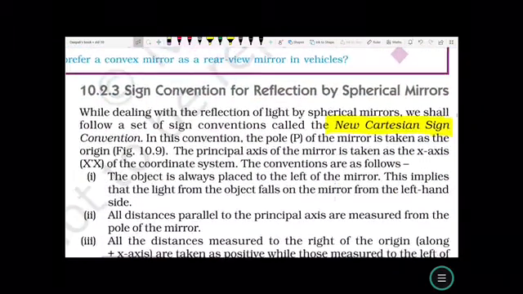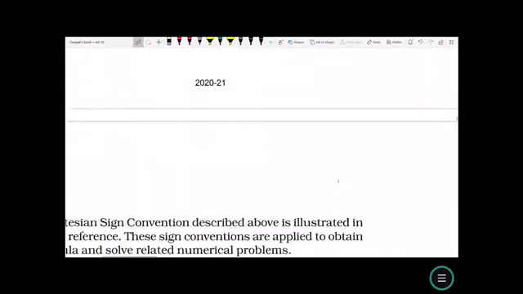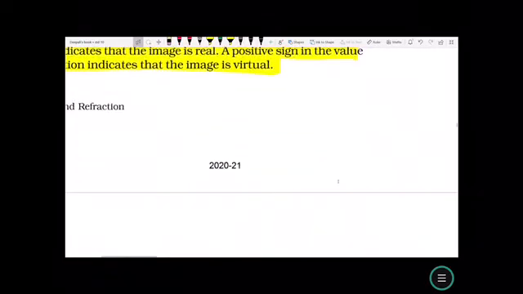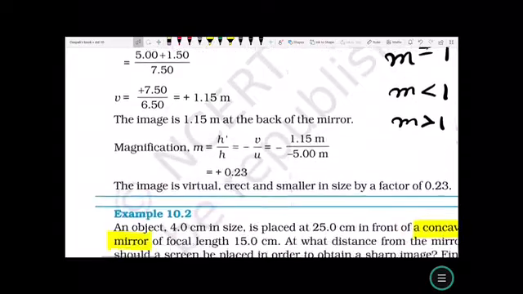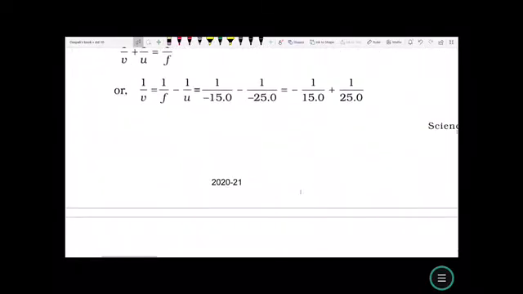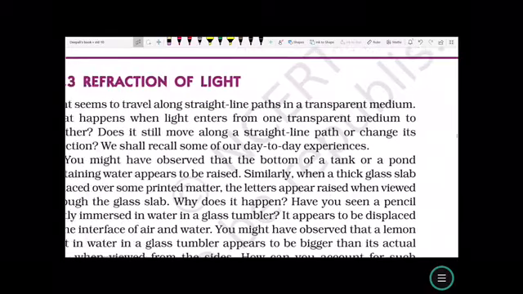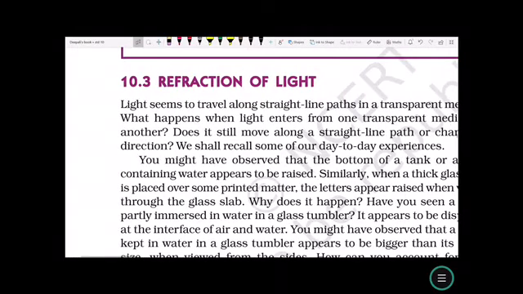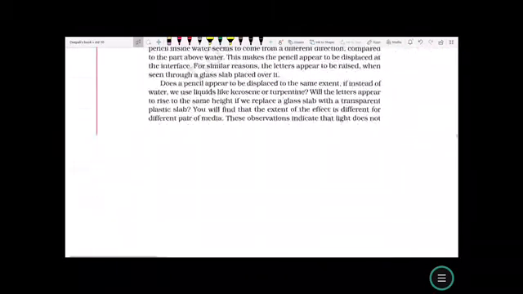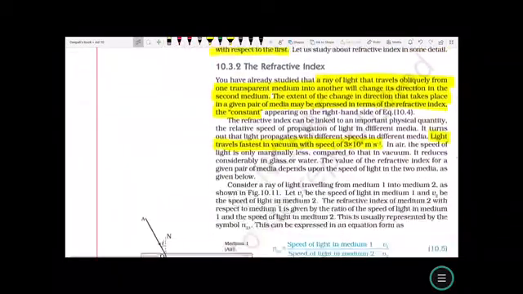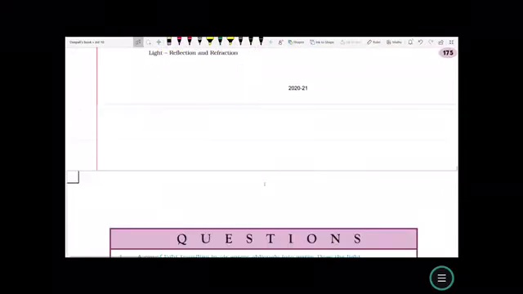Now we have already understood what is center of curvature, radius of curvature, the focal length, focus, aperture, pole. But for refraction of light through spherical lenses, this concept is a little bit different. So, for that, let us understand first what are spherical lenses.